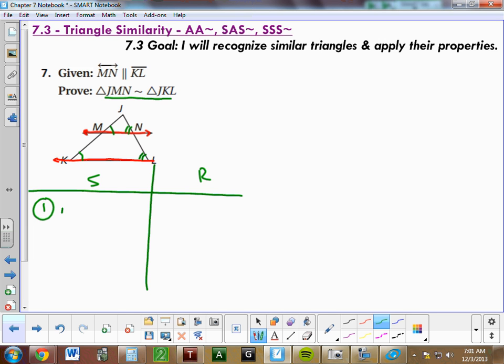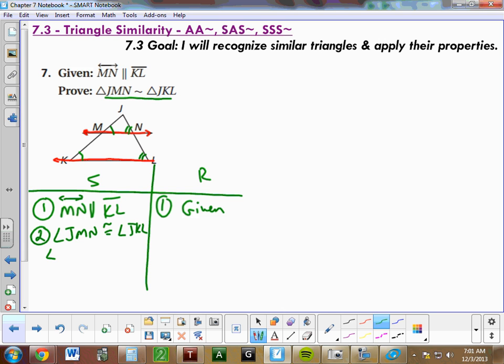I could state my given that MN is parallel to KL. That's given. The second thing here could be that angle JMN is congruent to angle JKL.